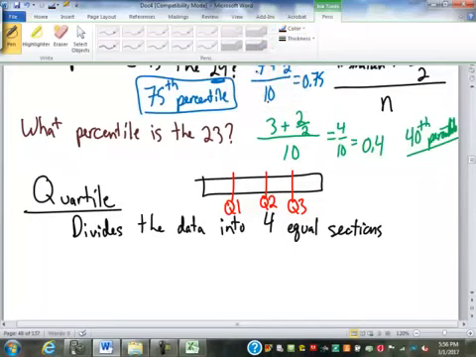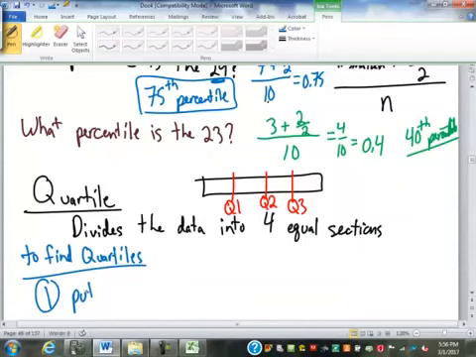To find the quartiles, it's extremely similar to finding the percentiles. Step 1, put the numbers in order again, from smallest to largest.